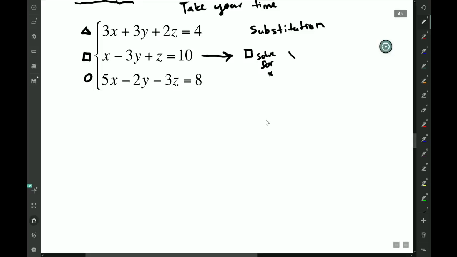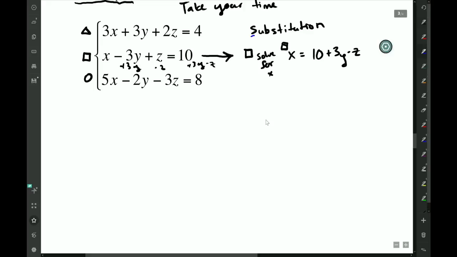So that means x is equal to, well, if I add 3y to the other side, and subtract z, bada boom, I have 10 plus 3y minus z. You can rearrange those in any order. So we have x solved for.